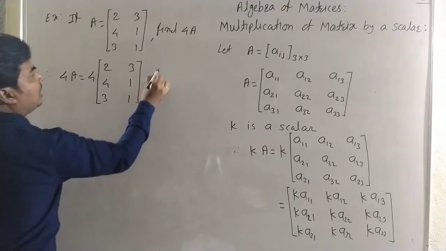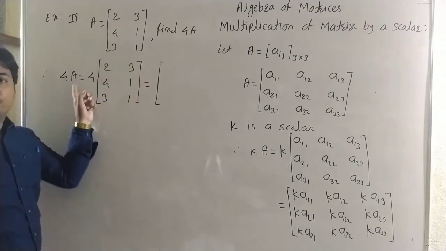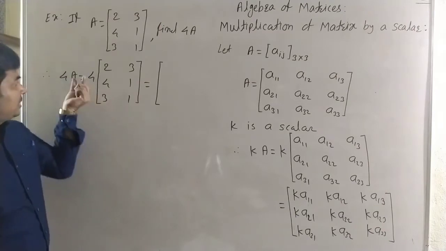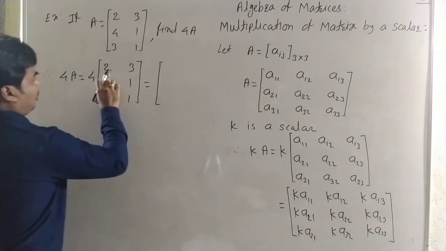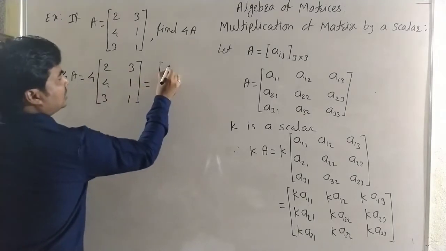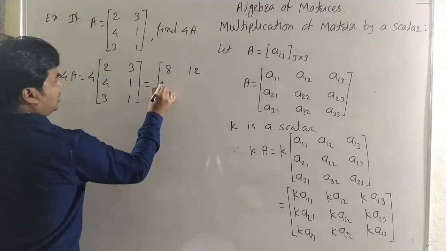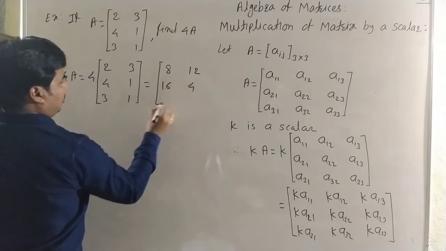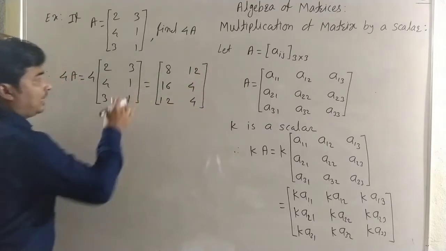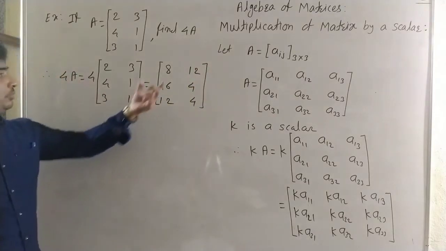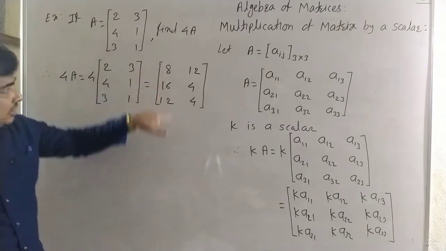Now we multiply all elements by 4. It is a scalar multiplication of the matrix. Therefore 4 into 2 is 8, 12, then 16, 4, 12 and 4. We multiply all elements by 4. That means this matrix is 4A.